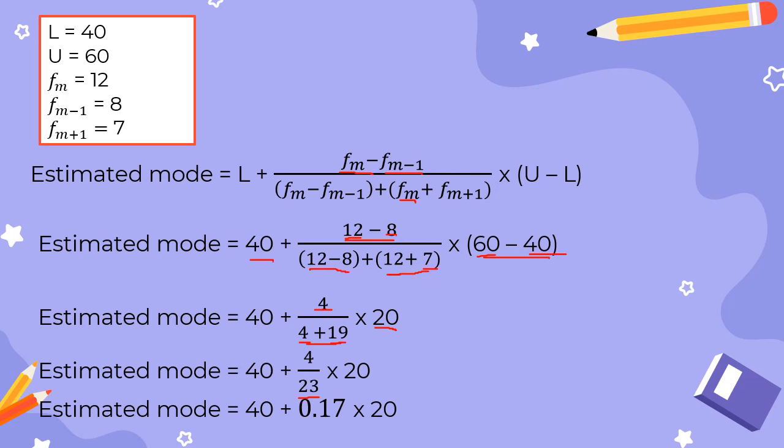So we have 40 plus 0.17 multiplied by 20. The answer is 43.4 marks. So the estimated mode is equal to 43.4 marks.